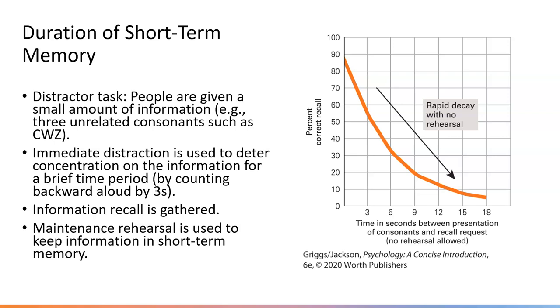So what you can see in the curve is basically if you prevent using a distractor task any kind of rehearsal, there is rapid loss of that newly presented information.